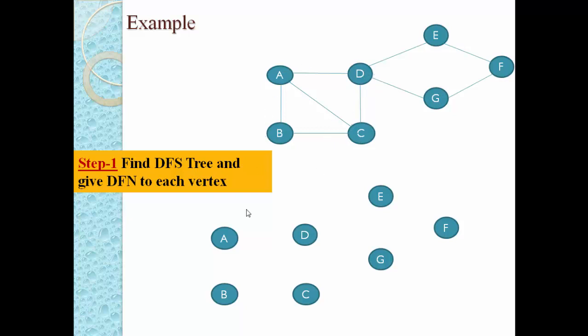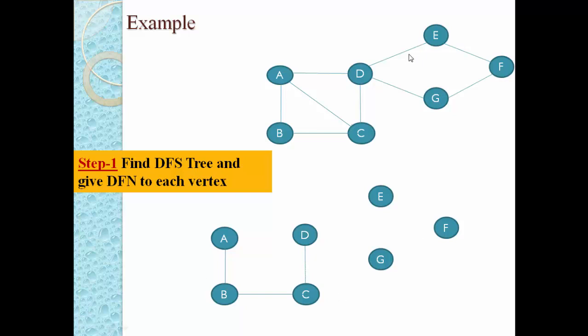First we visit A, then for example we select B. B has only one adjacent node, that is C, because A is already visited. So we visit C. Then we have only one option, that is D, so we visit D.